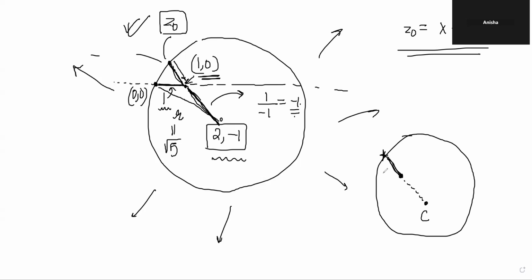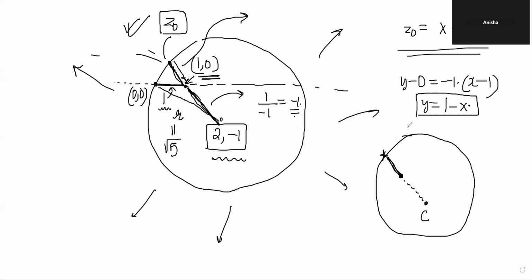Right. So after that it is doable. Finding this point is not difficult because you can get the line segment equation. y minus 0 is equal to minus 1 times x minus 1, right? So y is equal to 1 minus x. You can put that in the circle equation. Circle equation is x minus 2 whole square plus y plus 1 whole square is equal to 5.